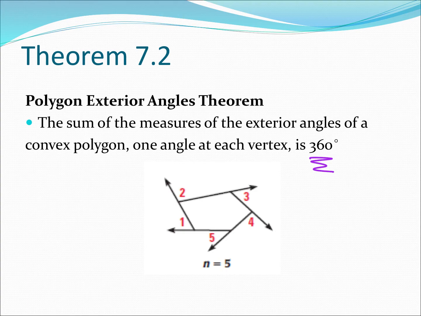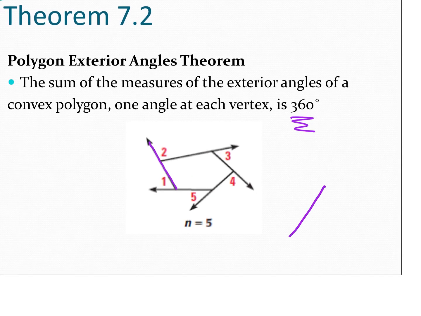The way that we could form an exterior angle is we would just extend the sides of our polygon. For example, if we had a triangle, I could extend these sides going this way, and it would form exterior angles. And all of these exterior angles are always going to add up to be 360.